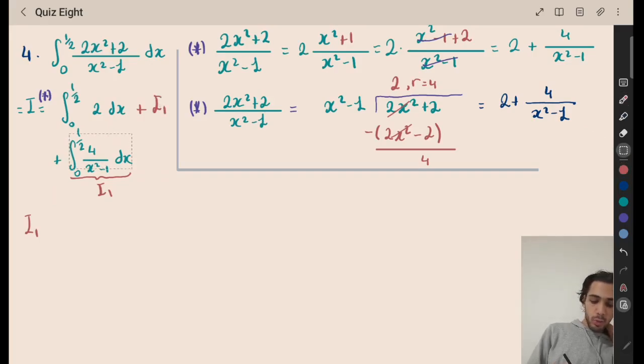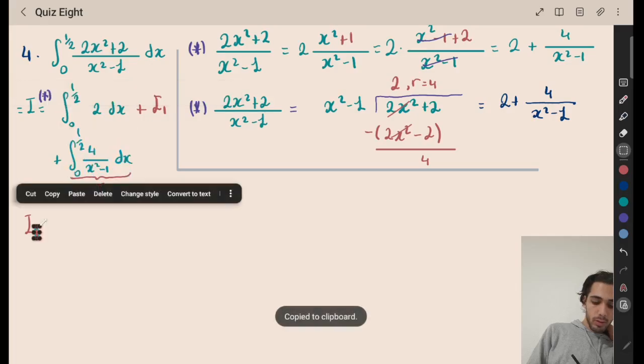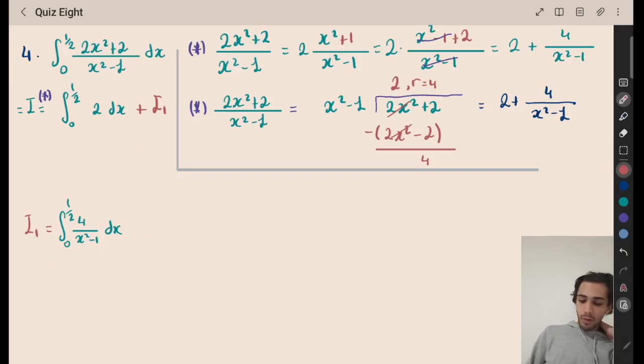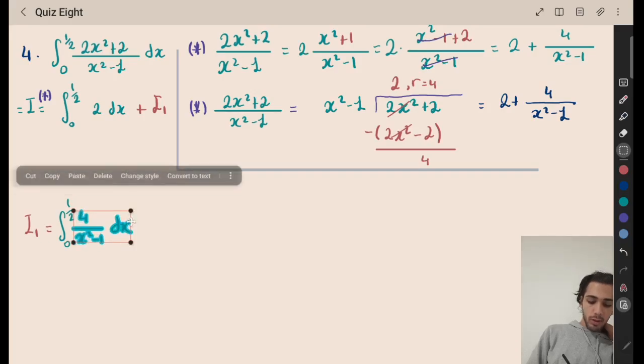And this is my I1. So that's not too bad. And I still need to evaluate this, of course. So I'm a bit stuck.